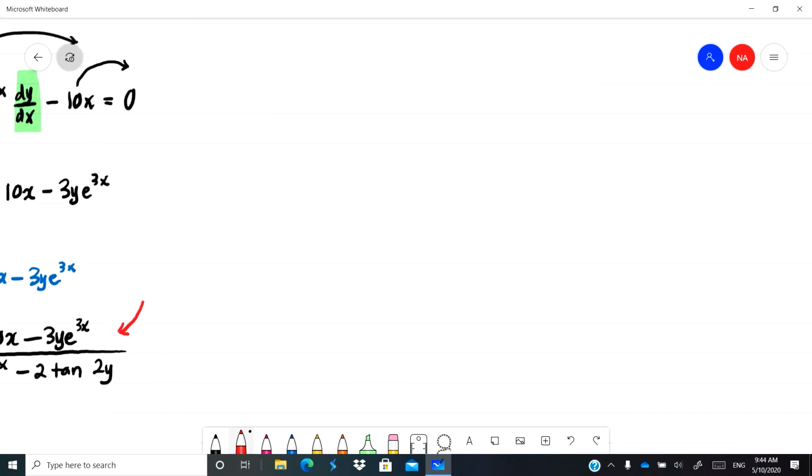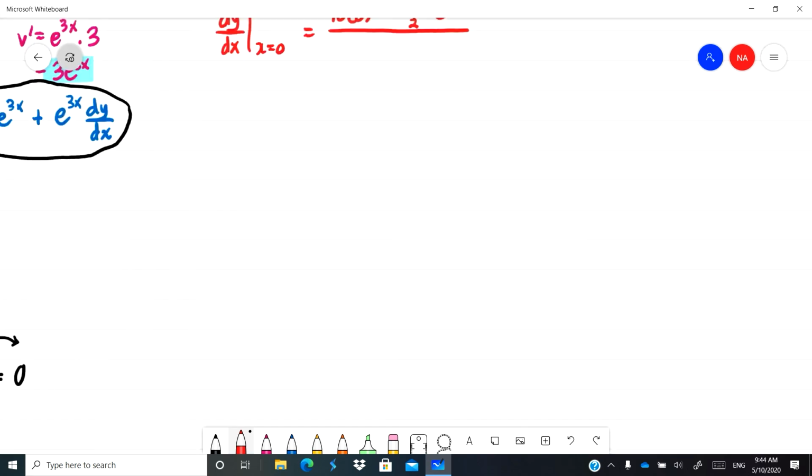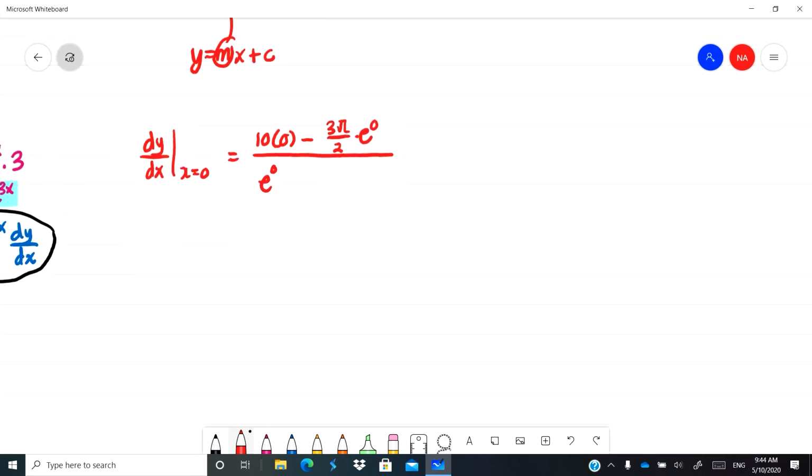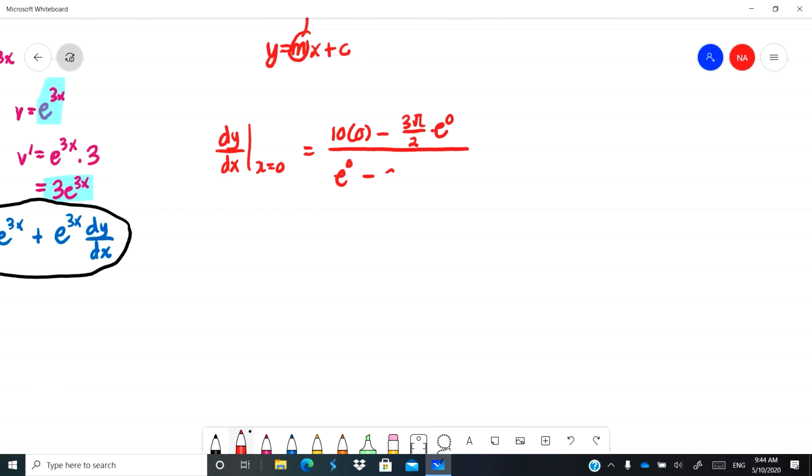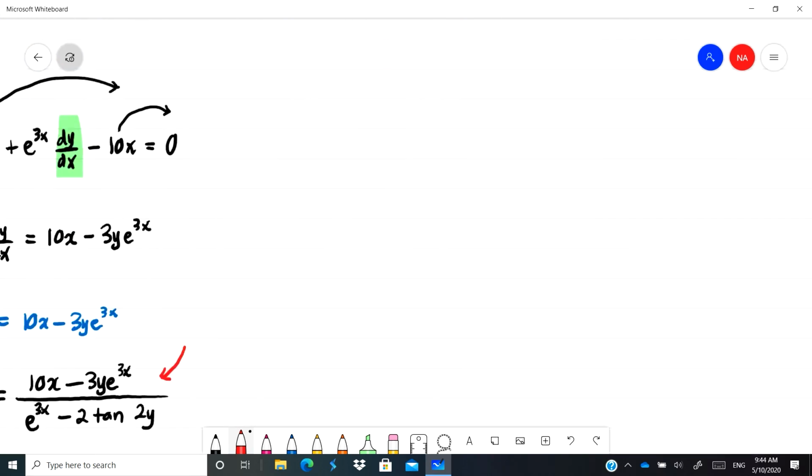At the denominator we'll have e to the power of 0 minus 2 tangent of 2 multiplied by y.